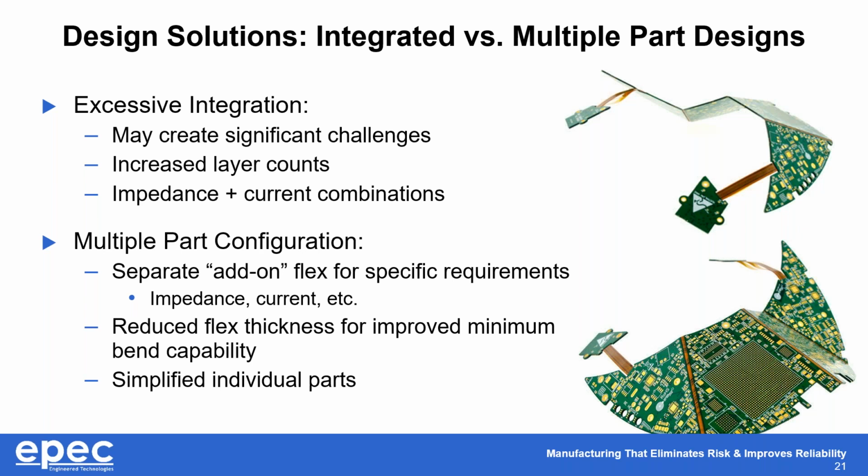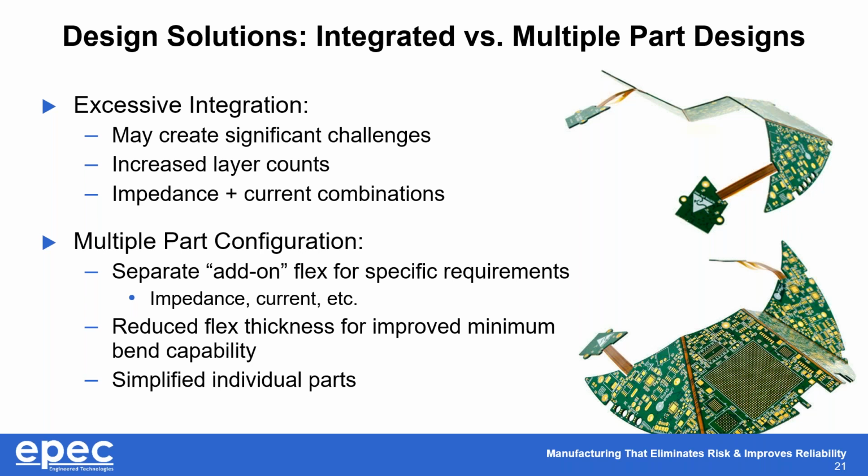And with today's designs, controlled impedance for high-speed signals is very much a common requirement, as well as power distribution throughout the finished design. So we now have that combination of both impedance control and current carrying requirements.